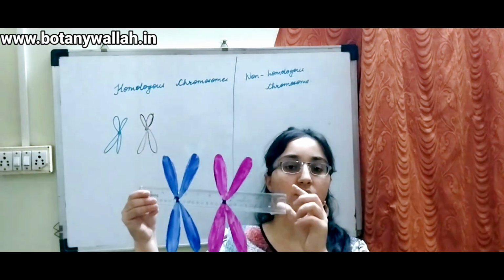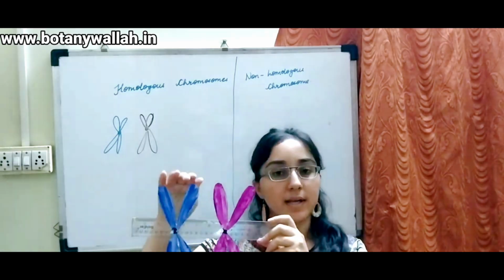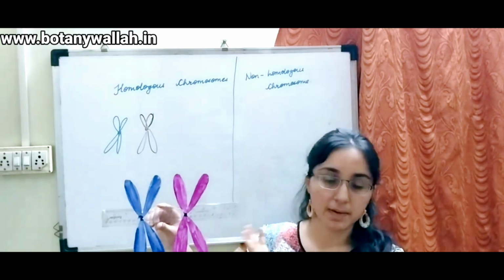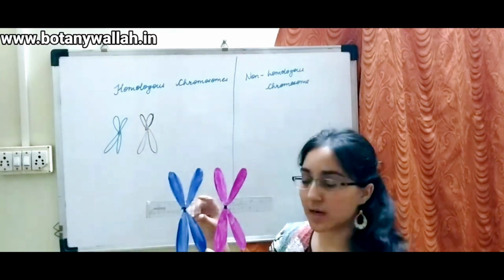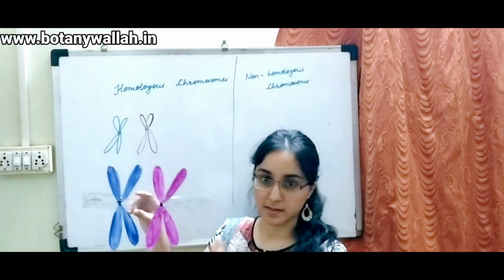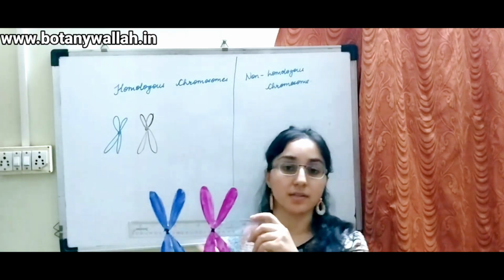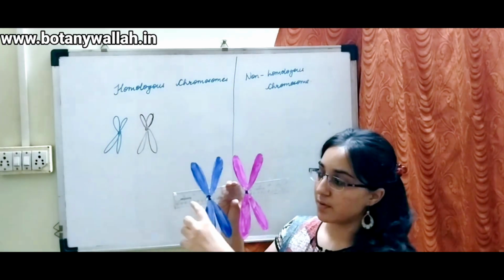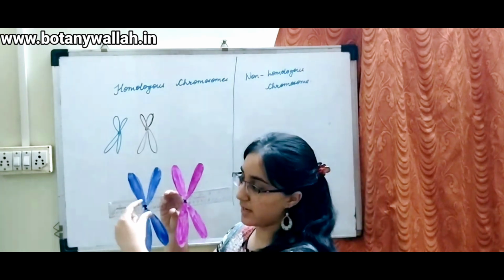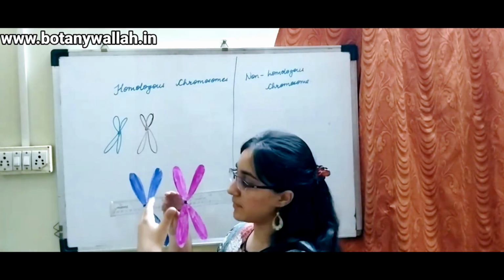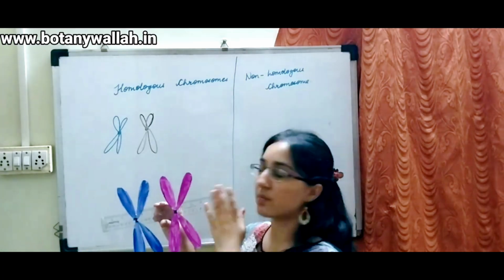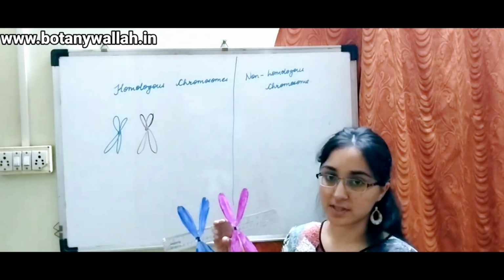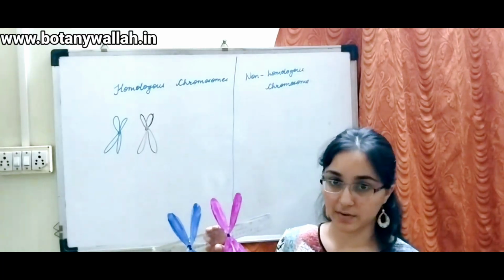Blue color is from the father's side and pink color is from the mother's side. Meiosis occurs in the germ cells. So during meiosis, one chromosome is from the paternal side and one from the maternal side. This is the process where the zygote forms, and we will speak about zygote formation later.